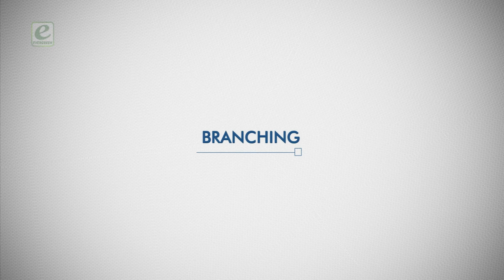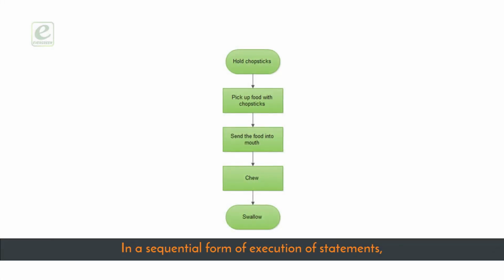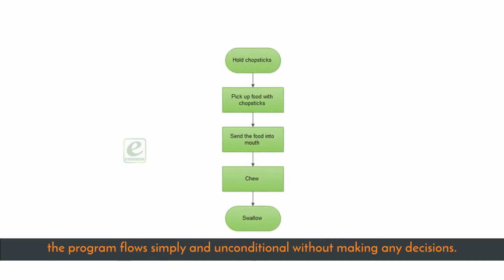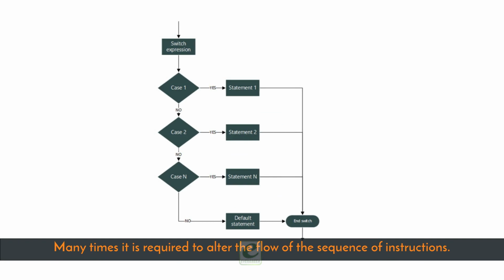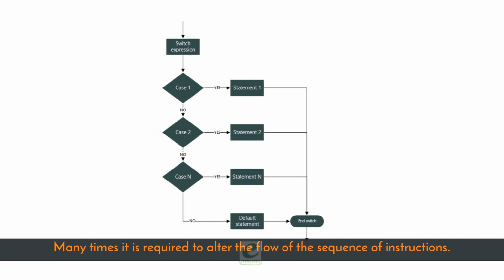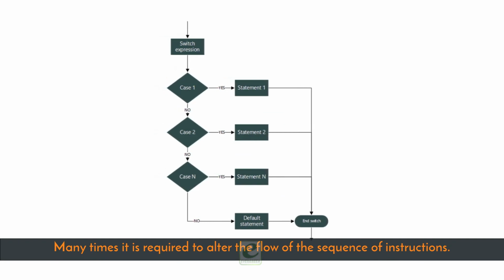Branching. In a sequential form of execution of statements, the program flows simply and unconditionally without making any decision. Many times it is required to alter the flow of the sequence of instructions.